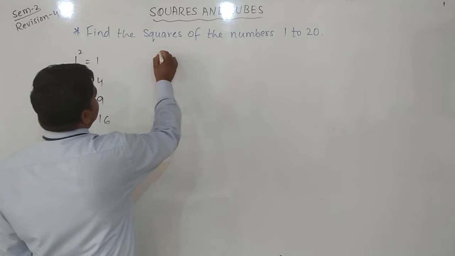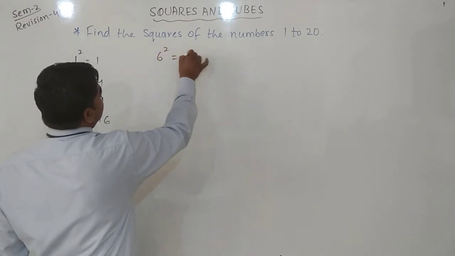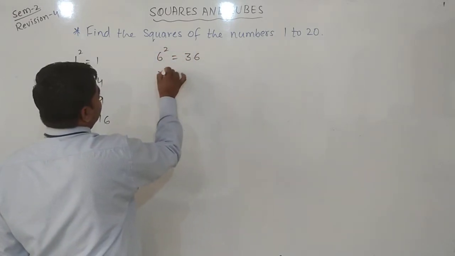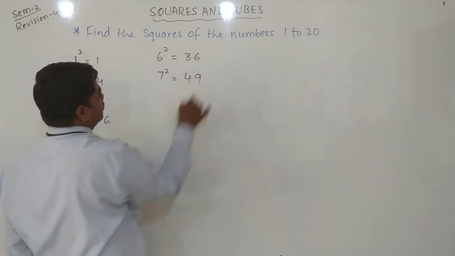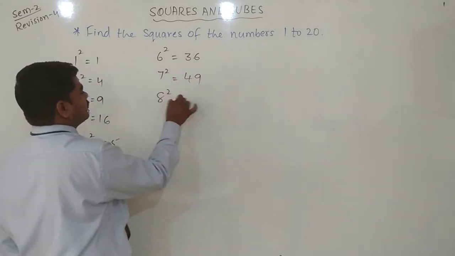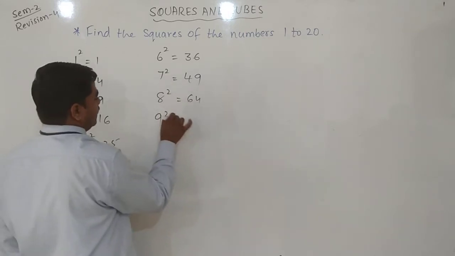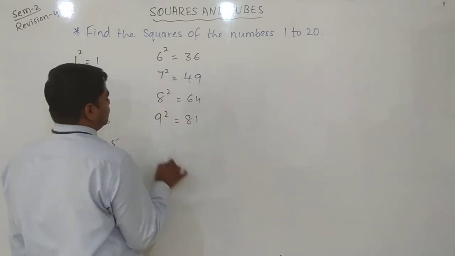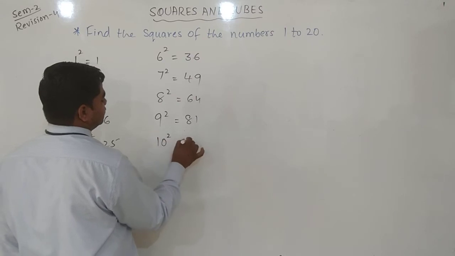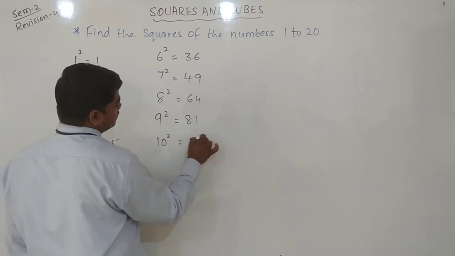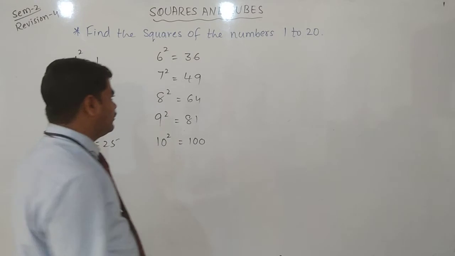Next, 6 square, 36. 7 square, 49. 8 square, 64. 9 square, 81. 10 square, 100.